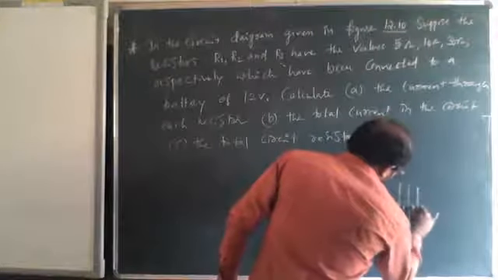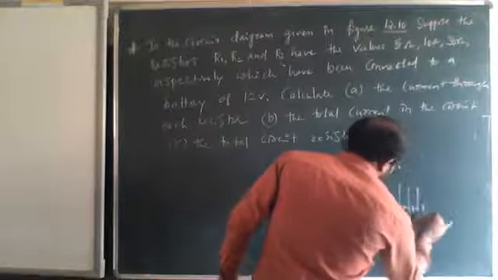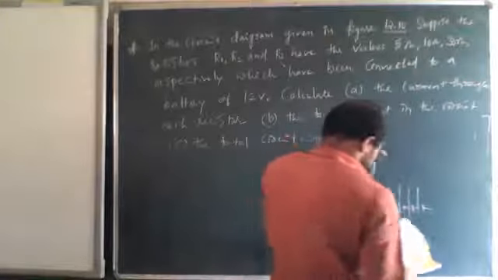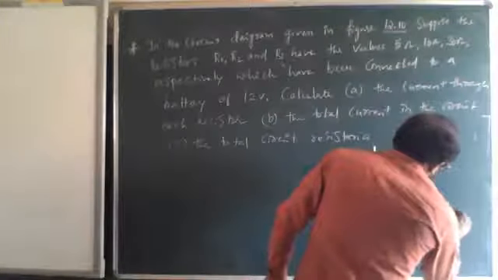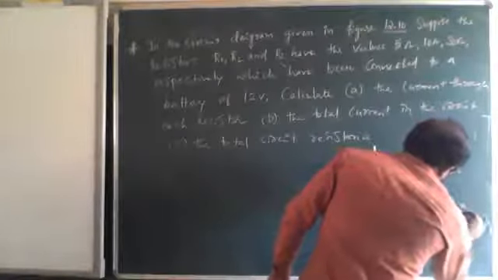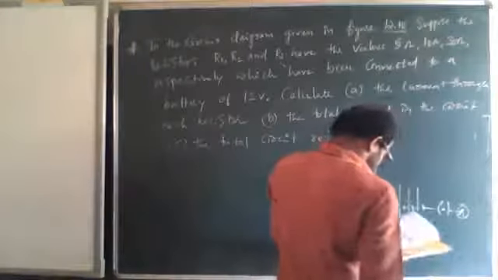So this is the diagram. Plus, minus, the key is there. Ammeter is there, that is minus, plus.